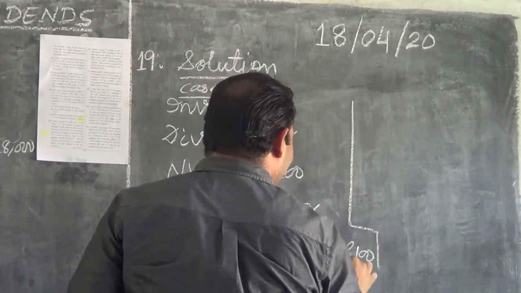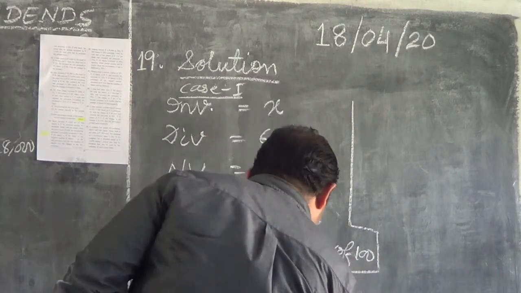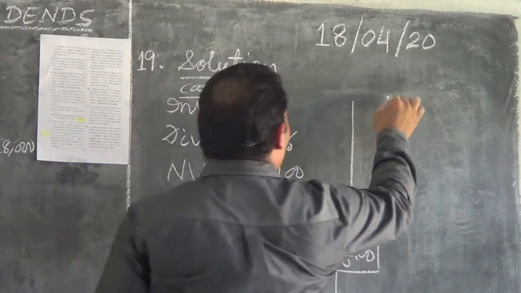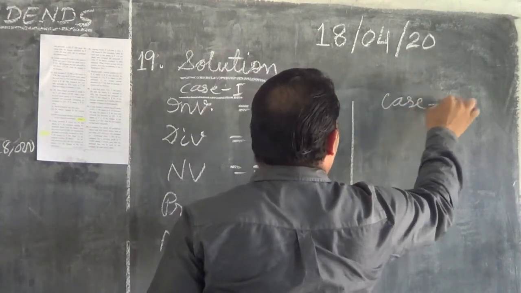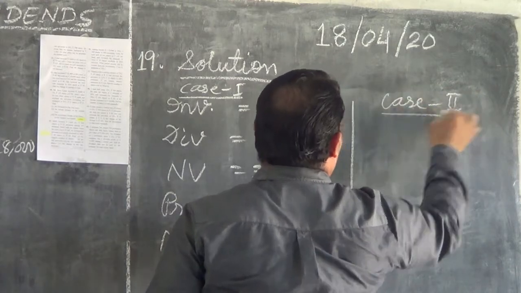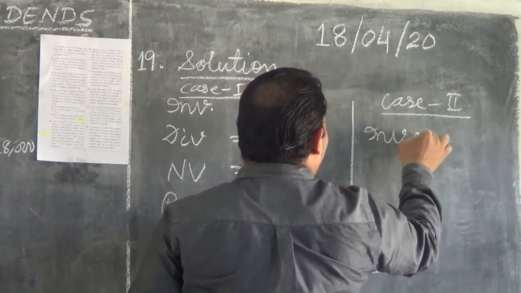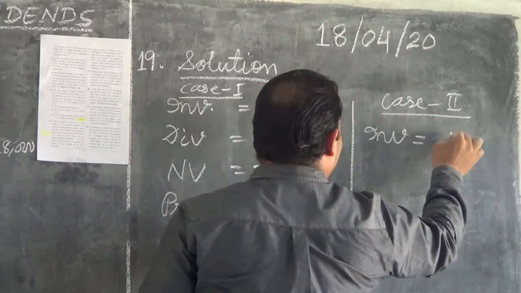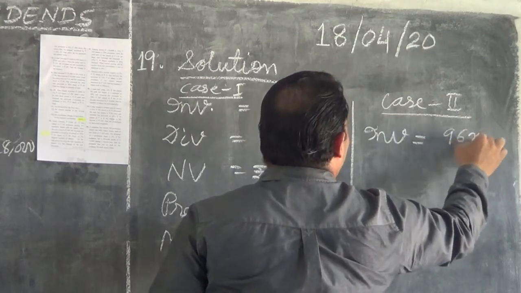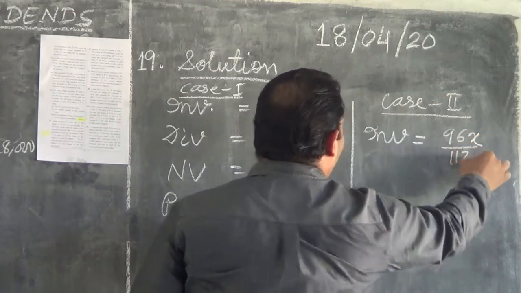He will take that money and go to the share market and buy the shares of another company, and now we will say investment is 96x by 112.